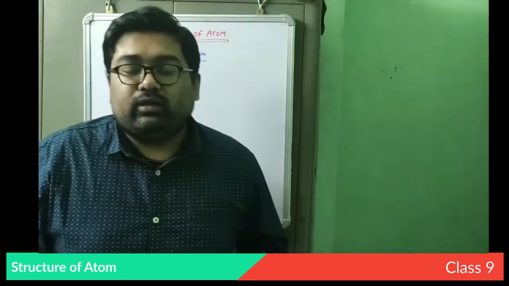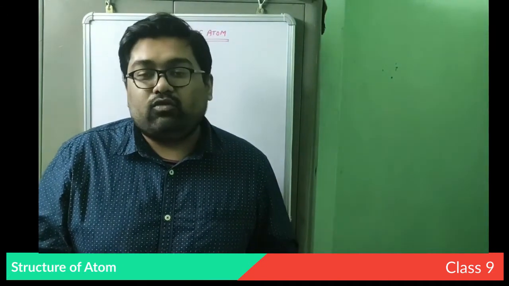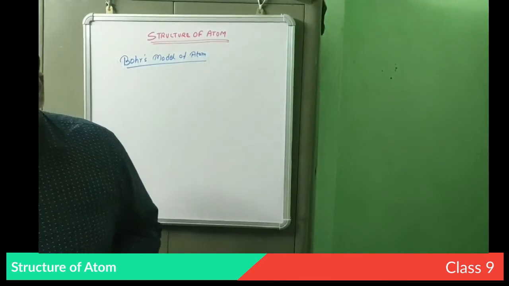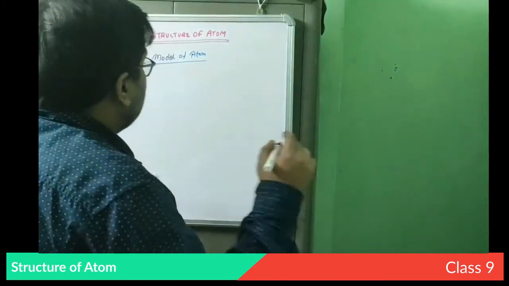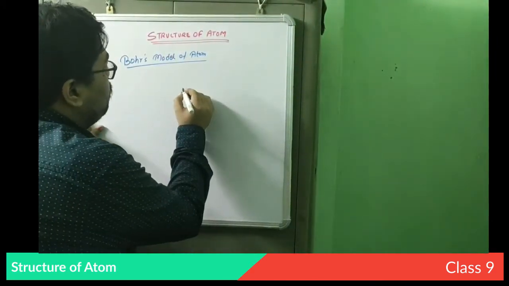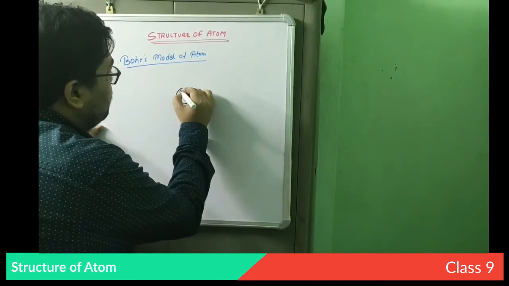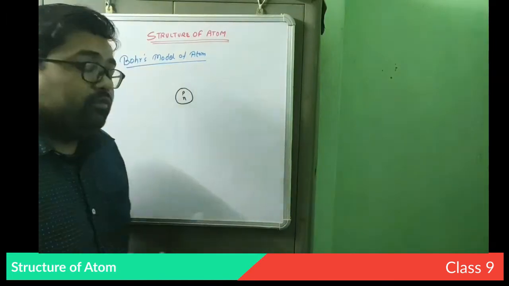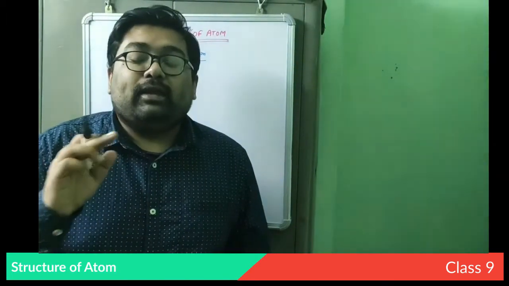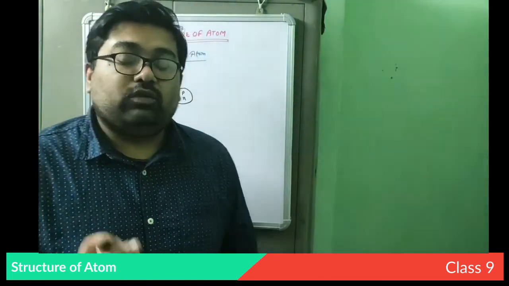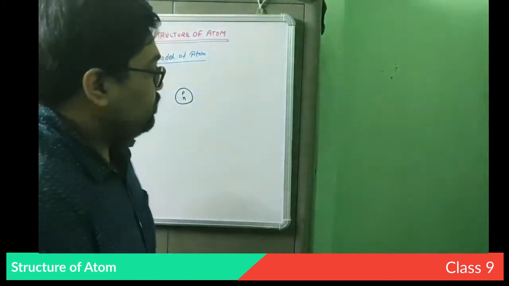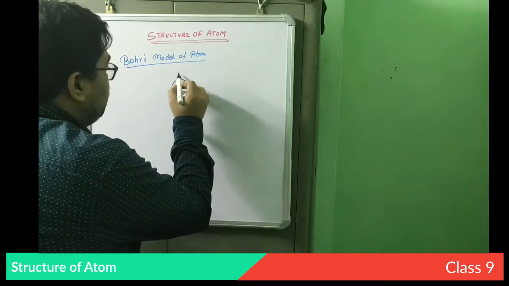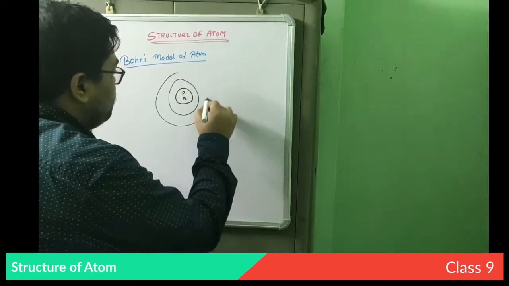Here he also stated that an atom consists of electrons, protons and neutrons. Now there is a slight difference: he said that the protons and neutrons are present inside the nucleus, and the electrons revolve around the nucleus in certain circular paths which he termed as orbits or shells. There is a new term which he added, which was shells.